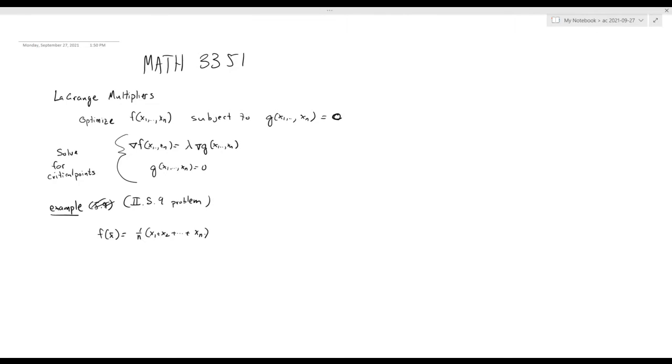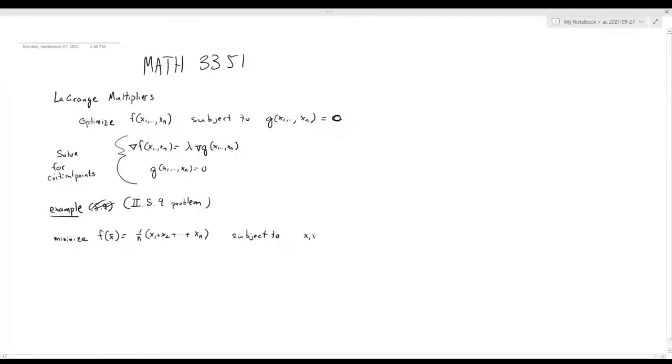Yeah, positive numbers. So we're going to try to minimize this function, for magical reasons. Well, you probably see where the average is coming in. This is the average of the variables. We minimize this function subject to the constraint that the product of all the variables minus 1 is 0.